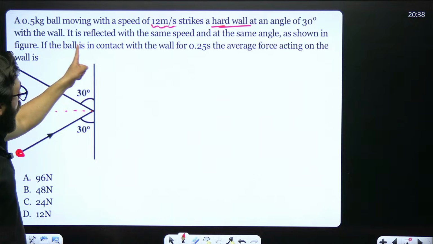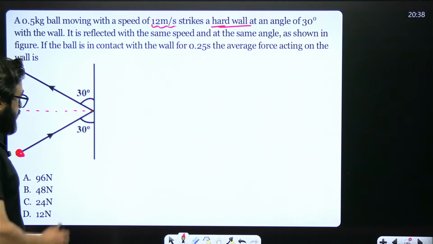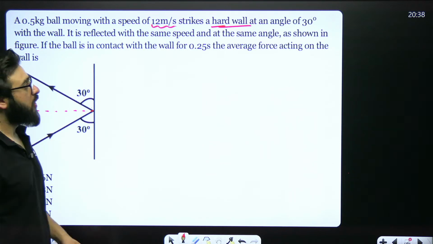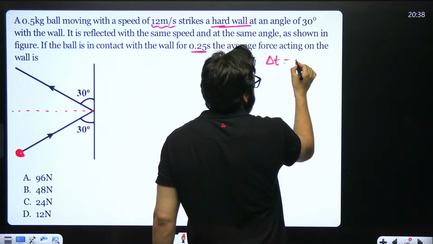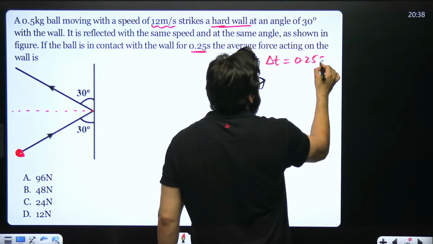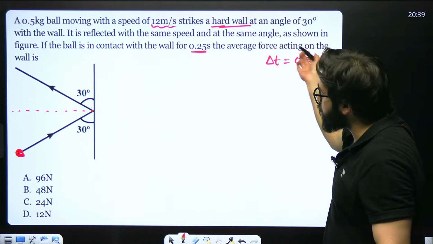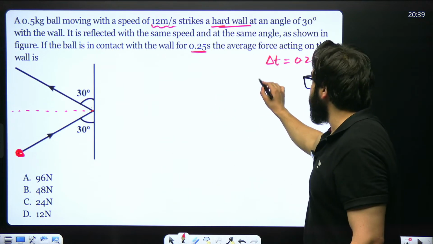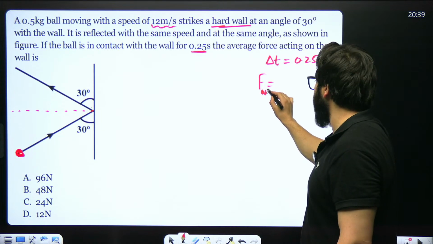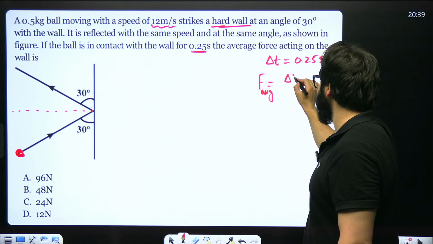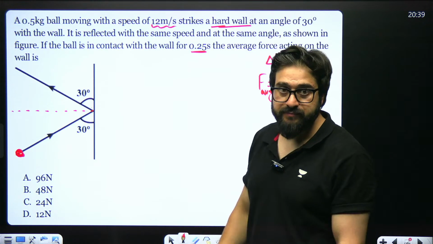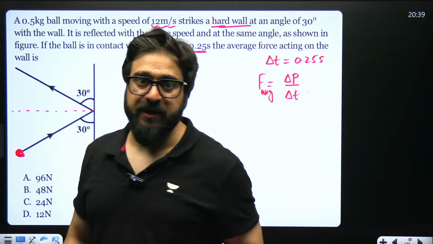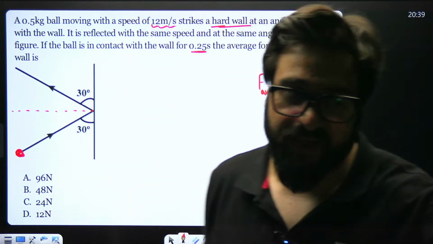If the ball is in contact with the wall for 0.25 seconds, here delta t is given as 0.25 seconds. The average force acting on the wall is, means here you have to find F average. F average will be simply delta P divided by delta T.